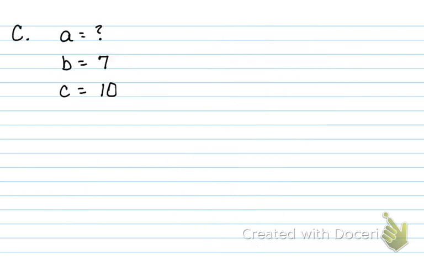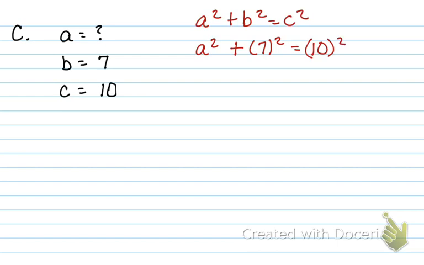All right, let's look at another example where we know the hypotenuse and we know one of the legs, but we don't know the other leg. So we do the same thing. We still start with A squared plus B squared equals C squared. And we plug in what we know. We don't know what A is, so we're going to leave it as A squared. We do know what B is, 7 squared, and we know that 10 is C, and we're going to square it.